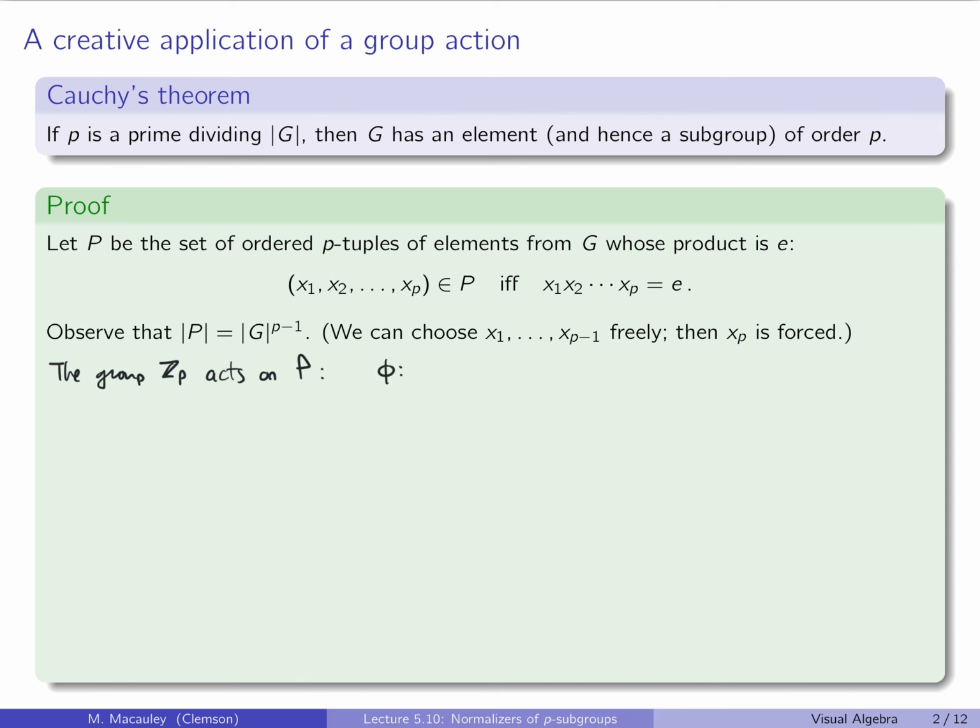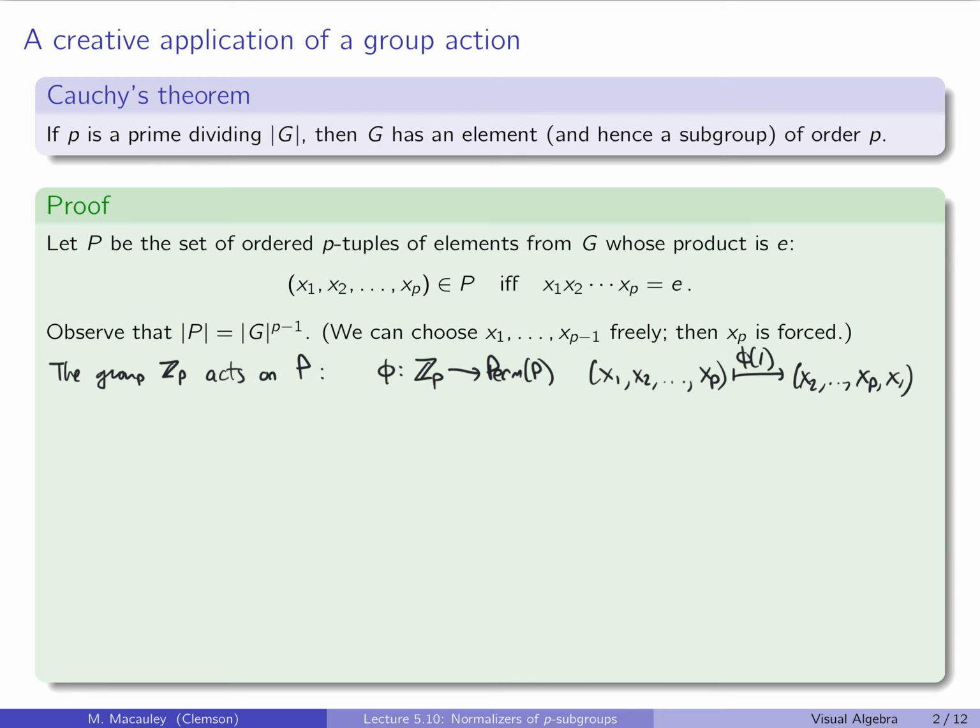So phi is a homomorphism from Z_p to the permutations of P, and let's take a p-tuple, and when we press the 1 button, apply phi of 1 to it, we get x_2 all the way up to x_p, comma, x_1.